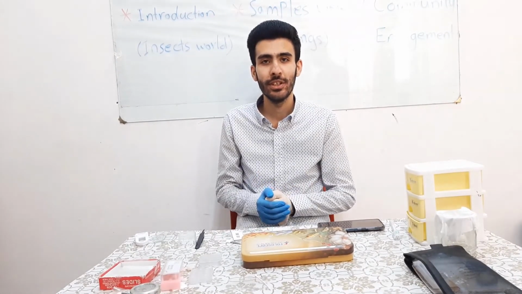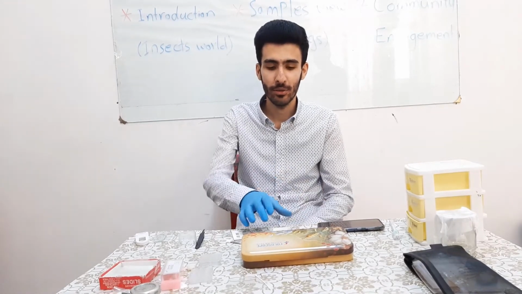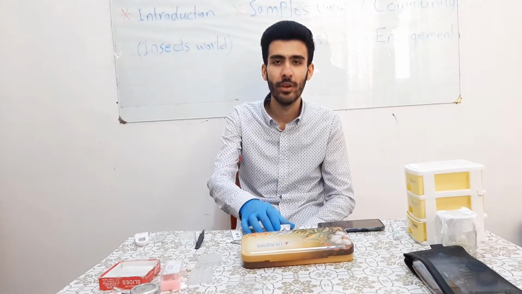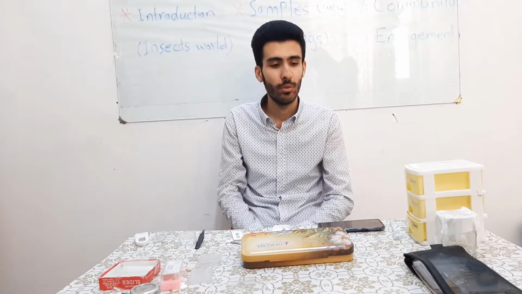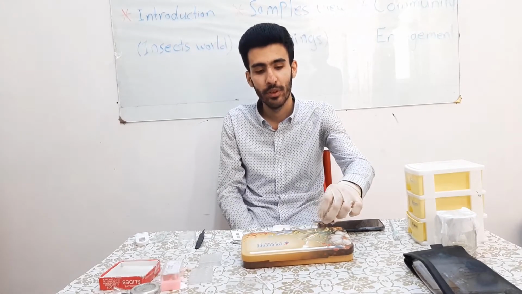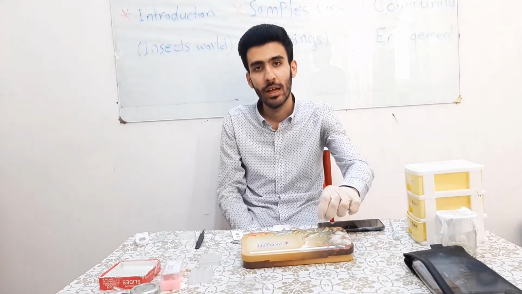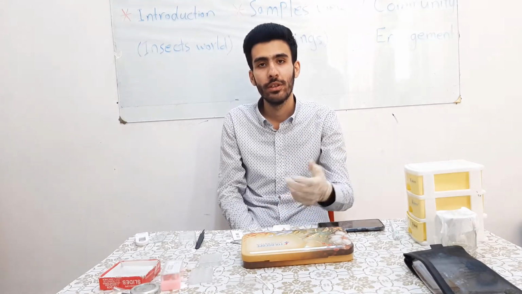Without any introductions, let's start preparing our slides and look at the samples that we have here. I have 6 insects in total. One of them is a surprise, actually for me too, because I haven't seen it yet, and I'm going to watch it with you all together now in this video.